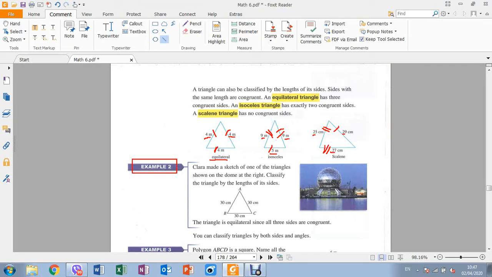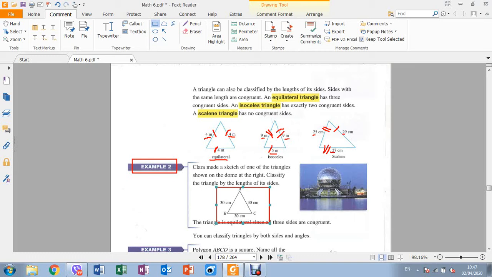We have triangle A, B, C. The lengths of the sides are equal.